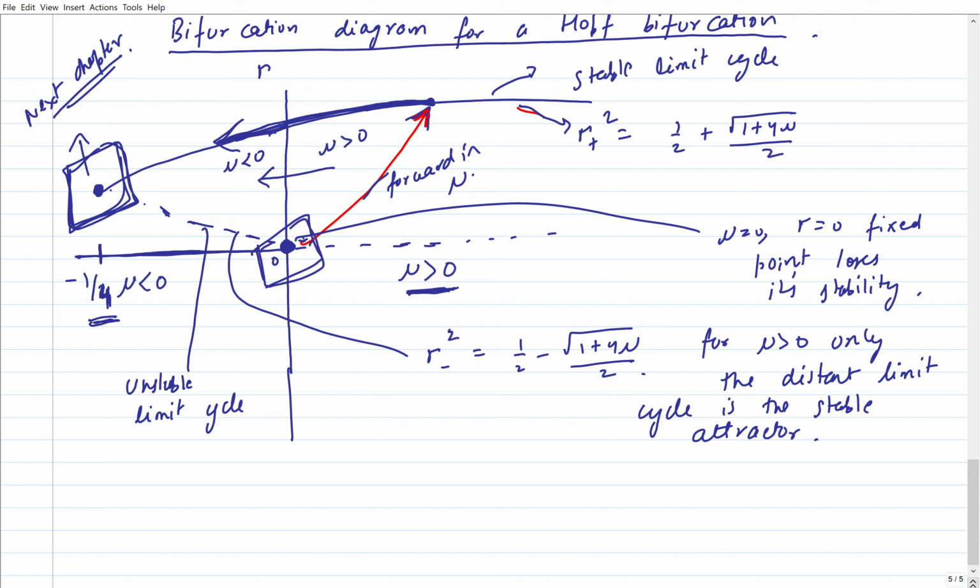What happens to the fixed point as I tweak up the parameter, how it becomes unstable, and the trajectory jumps to a distant attractor. So this phenomenon, you go forward one way and come back from another path, is known as hysteresis.